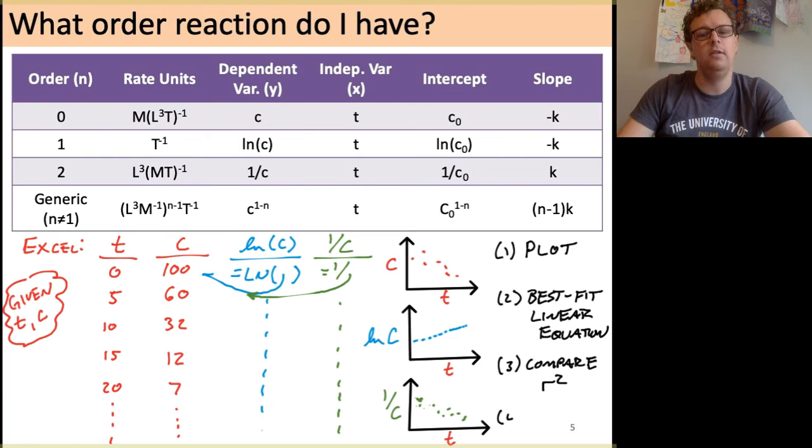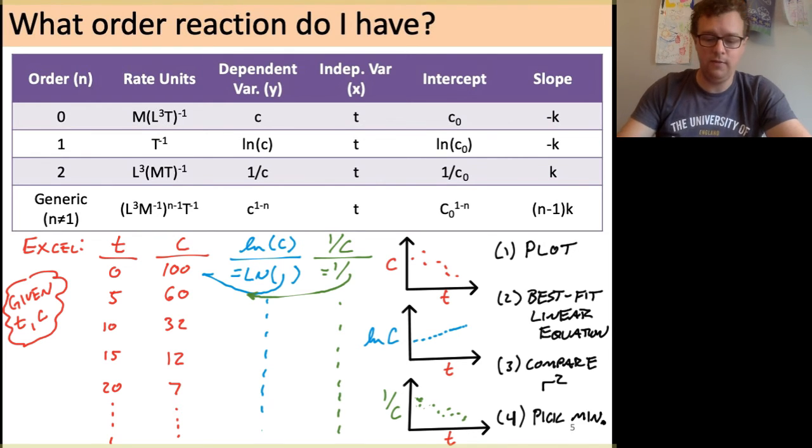You can look at the goodness of fit, for example, the R squared, and whichever one of those three plots is giving you the best fit representation, or the linear equation with the least error, that's the one I would pick. In the doodles that I've made here, what I've shown in light blue, that natural log of concentration, would have the best linear fit with the least amount of error.